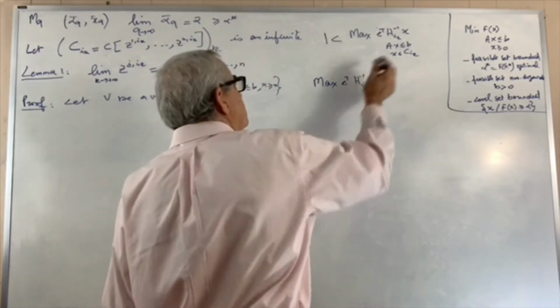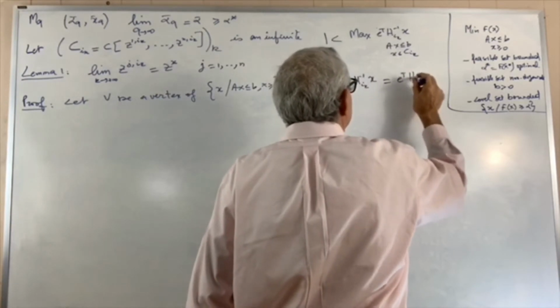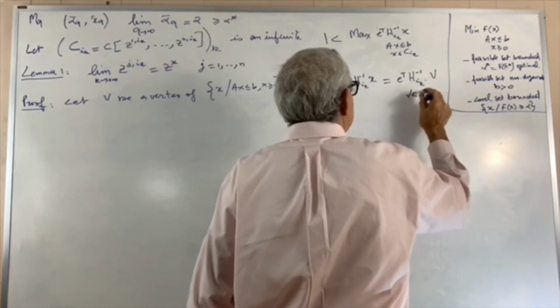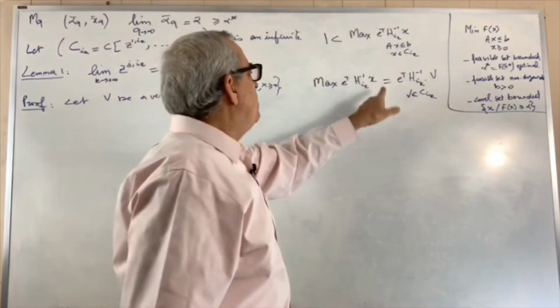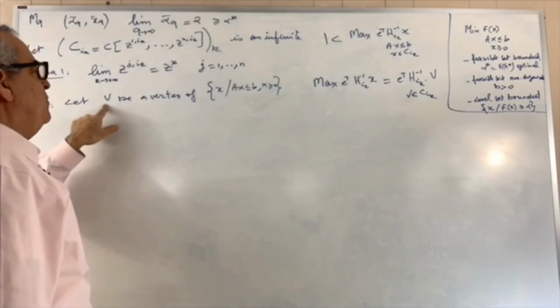It's implicit that it's over this set. This is equal to E transpose H_{I_{k-1}} times v, and v belongs to C_{I_k}. So when we solve this problem, we found out that the optimizer is this vertex v.